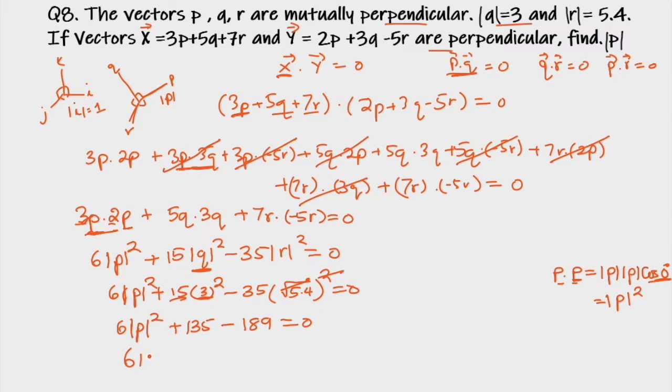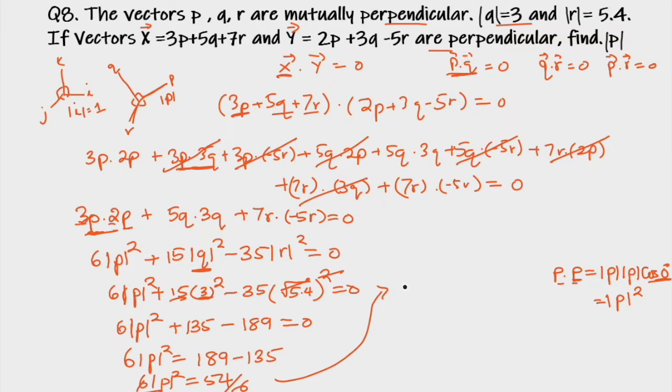So 6 absolute P square. It's a simple equation now. 189 will be positive, but 135 will become negative when it goes to the right. 6 P square is 54. Divide it by 6, divide here by 6, so that this 6 goes. And what do we get here?